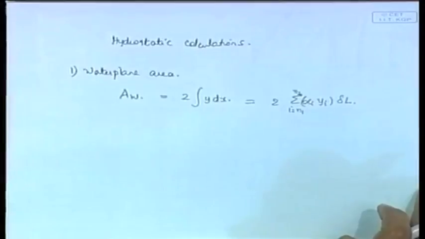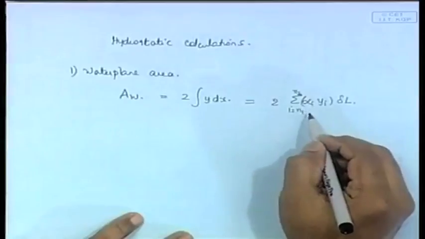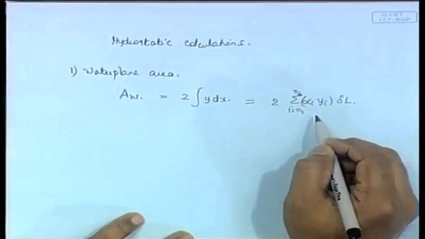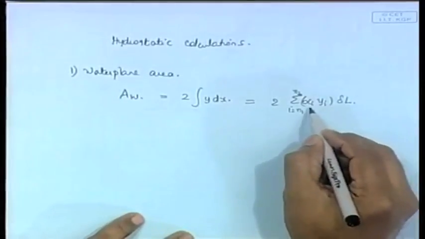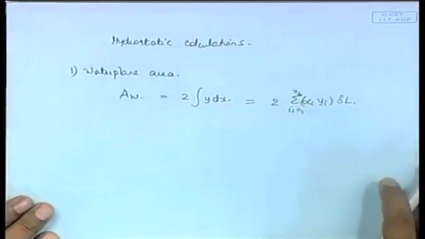Dx is the distance between two stations, delta L, and this integral is always written as a Simpson's rule or a trapezoidal rule, and this alpha I represents that multiplier, either the trapezoidal multiplier or the Simpson's multiplier. So, it is the same thing. So, it is this integral only. So, this is the first one.